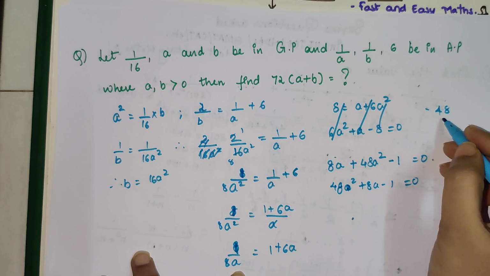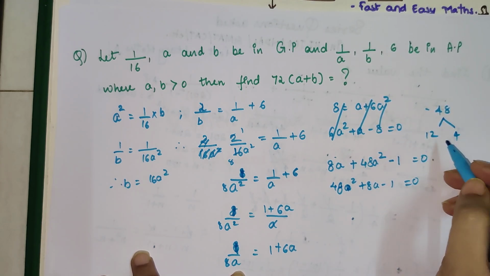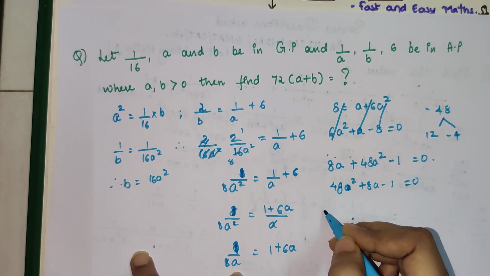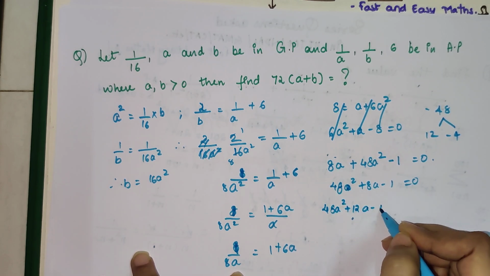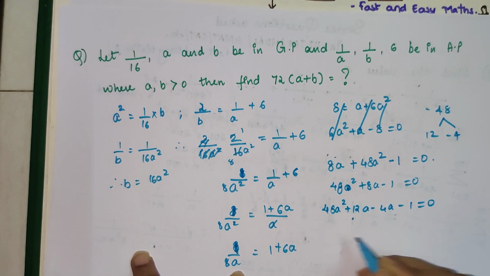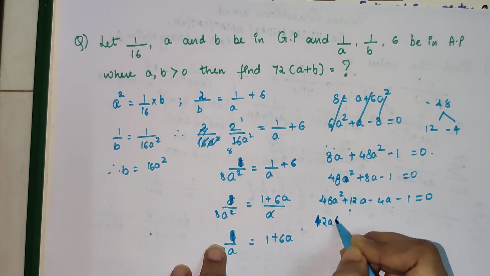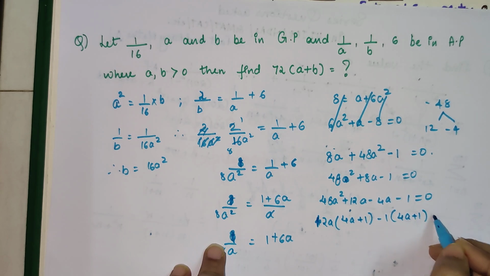So we have minus 48, whose factors can be 12 and 4, and you want a positive 8, so we will do plus 12 minus 4. So 48a square plus 12a minus 4a minus 1 is equals to 0. Let's take 12a common. So we have 4a plus 1, minus 1 common, 4a plus 1 is equals to 0.